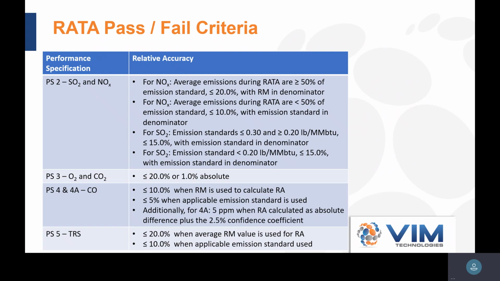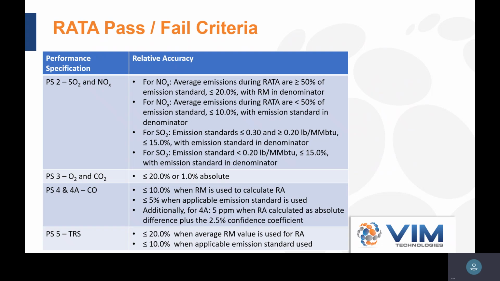So it's a very small decimal, so the smallest difference in numbers can result in a large percent off. That's where that 10% of the emission standard usually comes into play. For O2, 1% absolute is usually what's used. For CO, it's only 10%. So it's important to know these differing pass-fail criteria for the different pollutants for the relative accuracy. It's not the same for every pollutant, and sometimes we'll come across that.